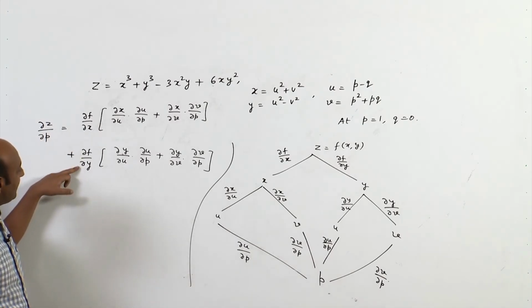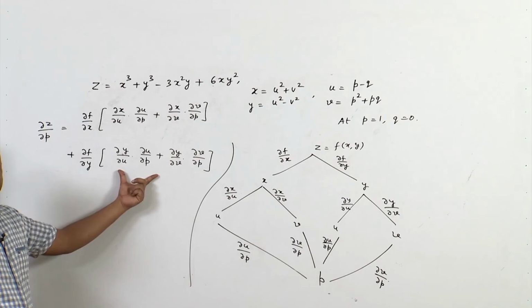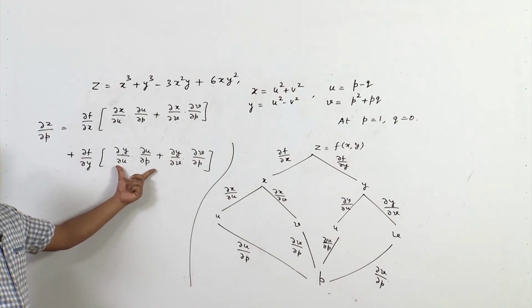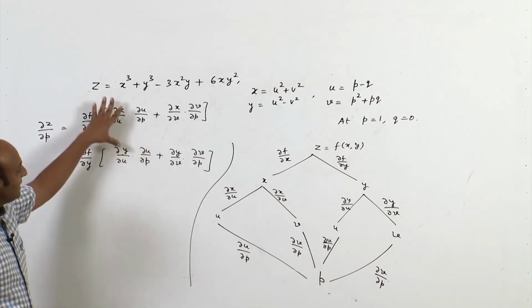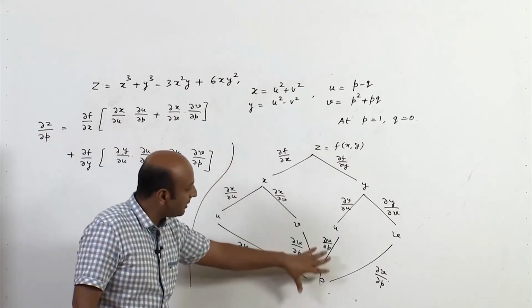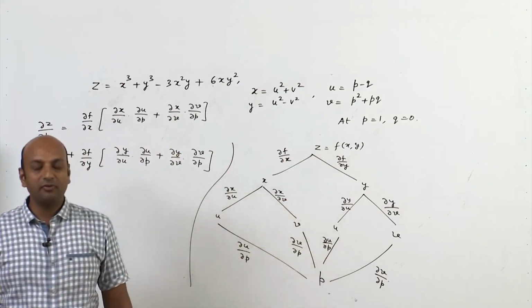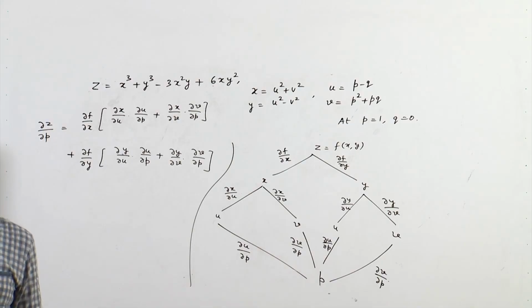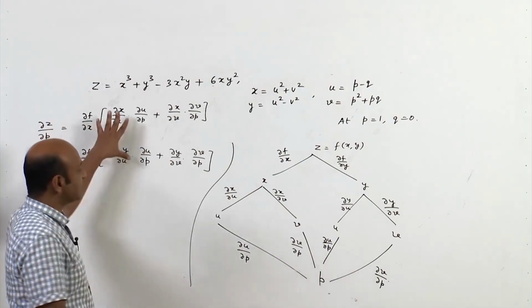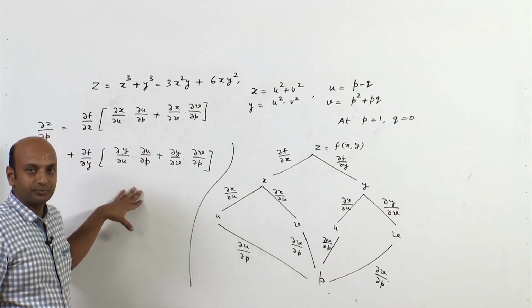Similarly, for del z by del y the same expression with y. So, it is easy to remember if we draw a tree diagram for the same. By the tree diagram we can easily write down such expressions.